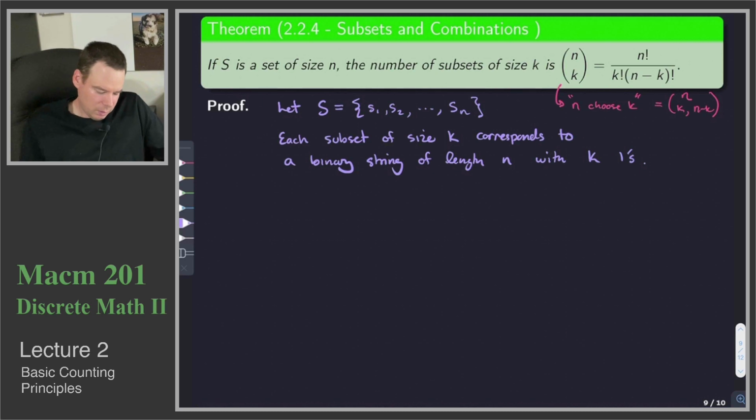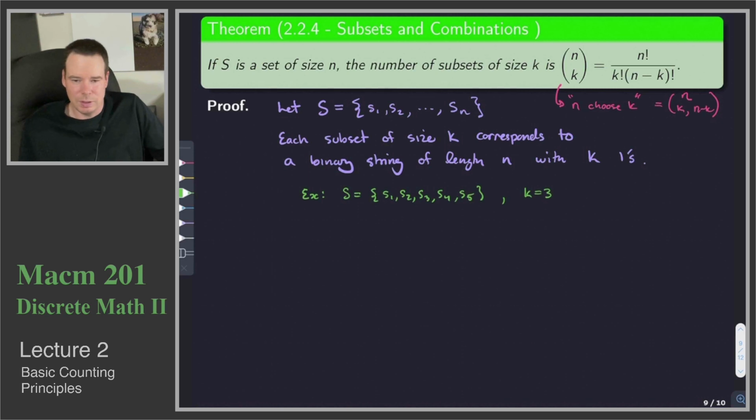Why is that? Well, let's just think about a particular concrete example. Let's say our set S is S1, S2, S3, S4, S5. So n is 5 in this case, and k is equal to 3.